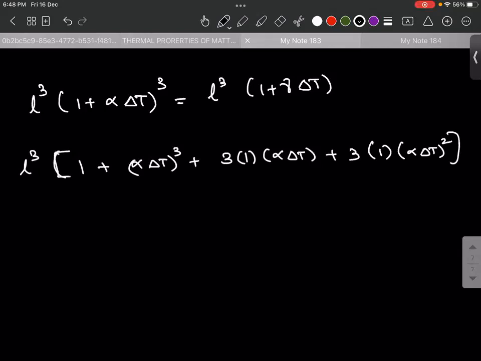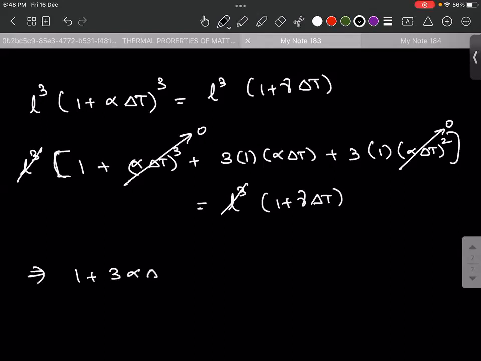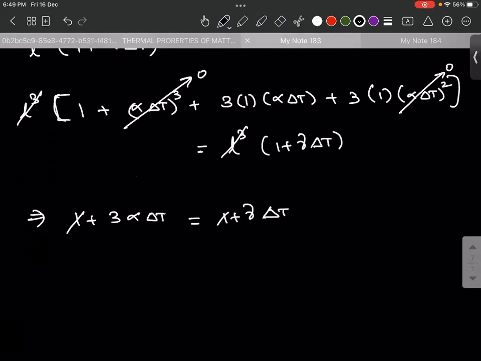This will be equal to L cube into 1 plus gamma into delta t. So L cube and L cube are lost. Again, (alpha into delta t) the whole cube is approximated to 0. So which implies 1 plus 3 alpha delta t will be equal to 1 plus gamma delta t. So 1 and 1 will get cancelled. Delta t and delta t are gone, which implies 3 alpha is equal to gamma.